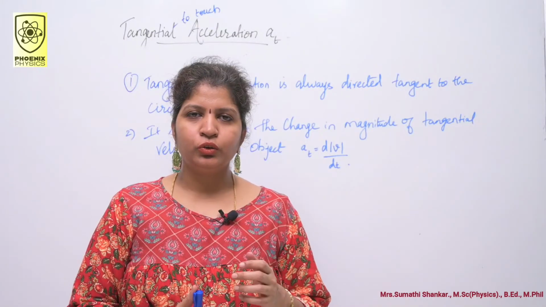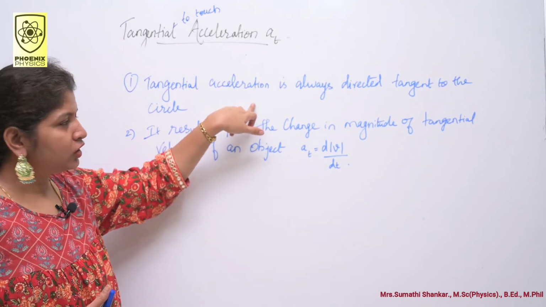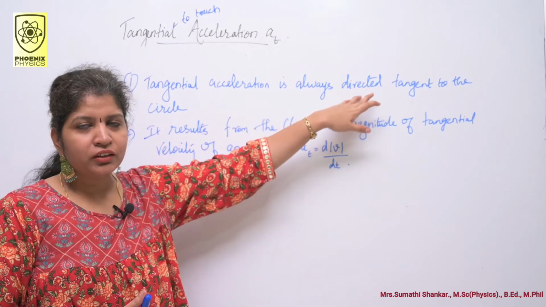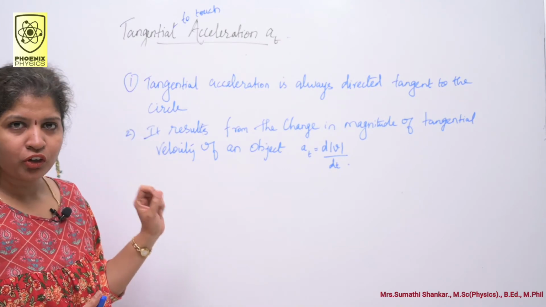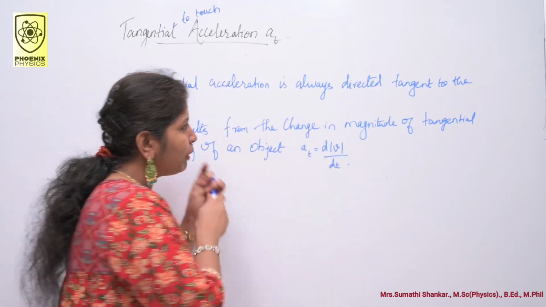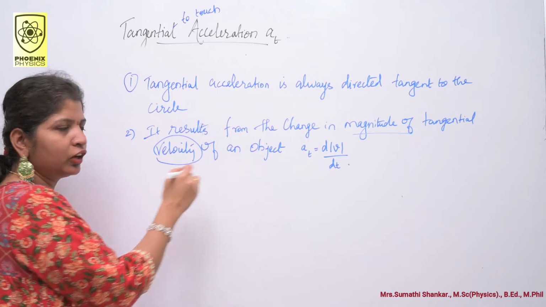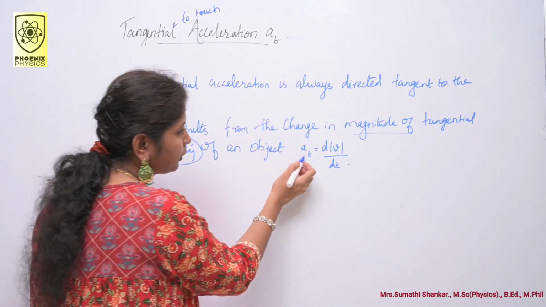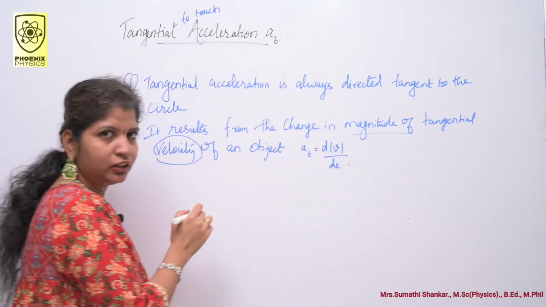What is our conclusion? Tangential acceleration a suffix t is always directed tangent to the circle. And the second important point is that it results from the change in magnitude of tangential velocity of an object. It is denoted by a t is equal to d mod v divided by dt.